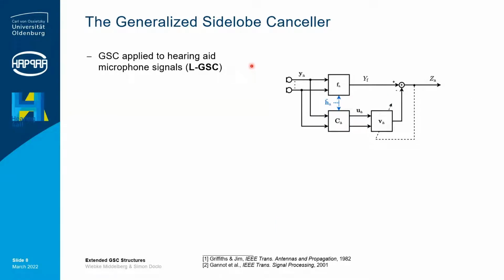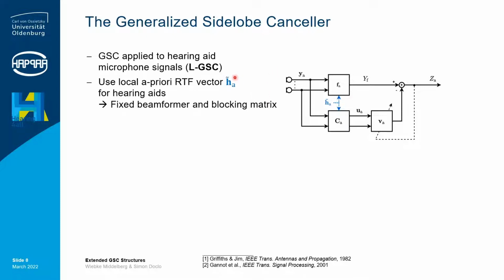First, we consider the standard generalized side lobe canceller, which is often used in hearing aid applications. Also in our case, we apply this beamformer only to the local microphones or to the hearing aid microphones. And we also exploit our a priori RTF vector, in this case to steer a fixed beamformer in the direction of the target speaker, which creates the so-called speech references, YF.